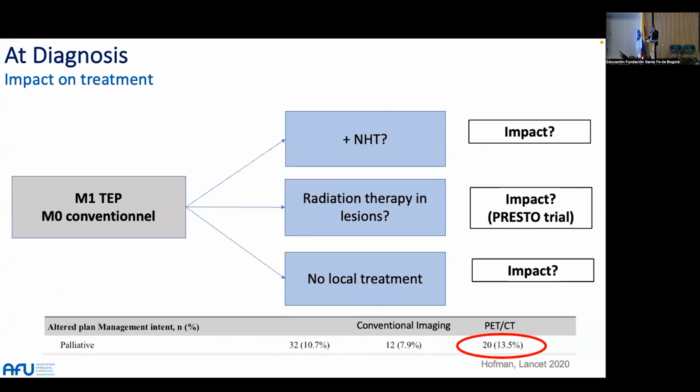So if we look at the use of PET PSMA compared to conventional imaging, if we have M1 on PET PSMA but M0 on conventional imaging, do we need to go for a new hormonal therapy? Probably yes, because we know the earlier is the best and it's better for the patient.